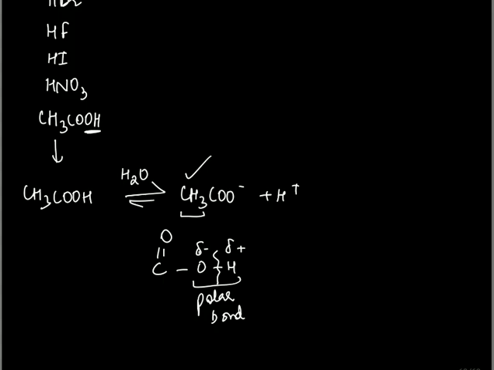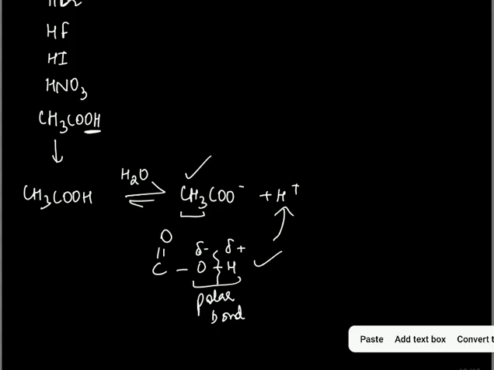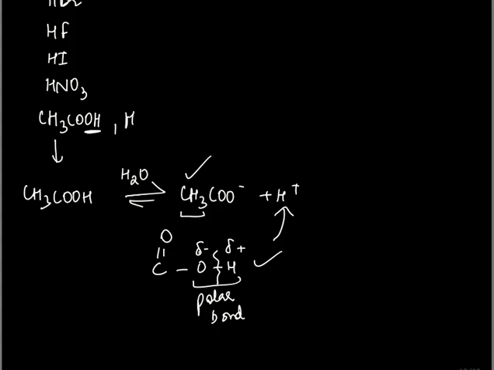They don't have a difference in electronegativity value. But the OH bond is very much polar because oxygen's electronegativity is quite higher compared to hydrogen. So polar bonds are always reactive. That's why this particular group can easily donate one H positive ion. That's why acetic acid, in spite of having four hydrogens, is monobasic in nature. You can even write formic acid over here, the example we took in the previous class.